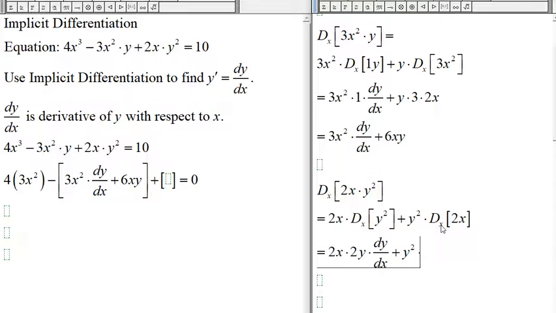Here the variable is x, so we just do the regular derivative, and the derivative of 2x is just 2. So this becomes 4xy dy dx and then plus 2y squared.